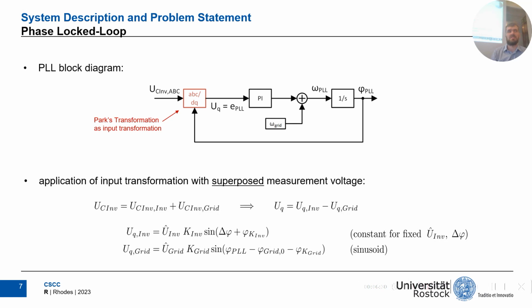So there's one part inverter voltage and one part grid voltage, and I have written them down here. Please just note that the part that depends on the inverter voltage is a constant for fixed input values, and the part of the grid voltage is a sinusoid because it depends on the state phi PLL.